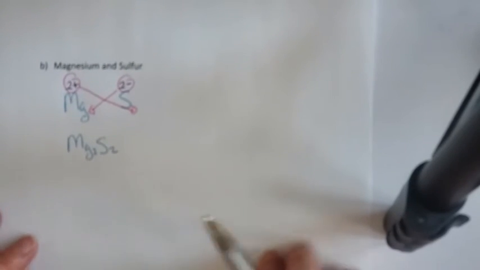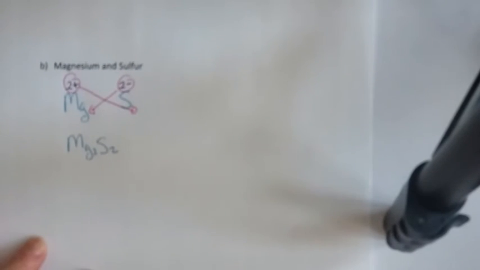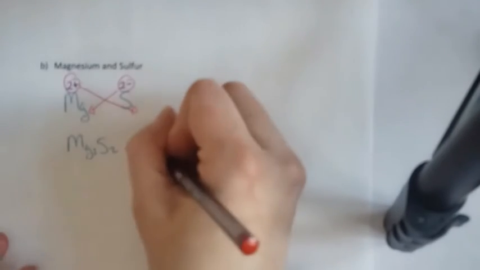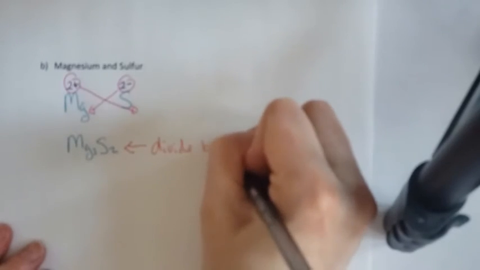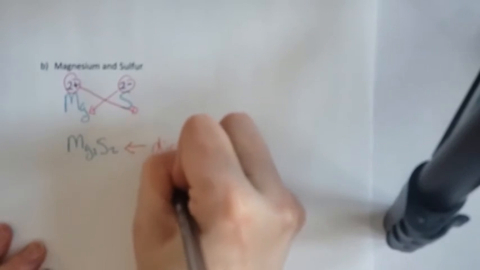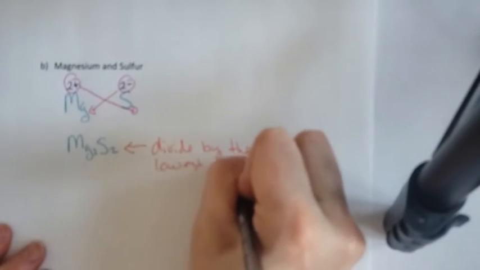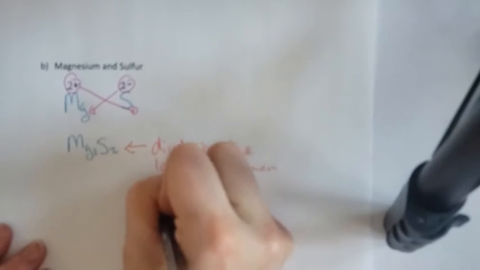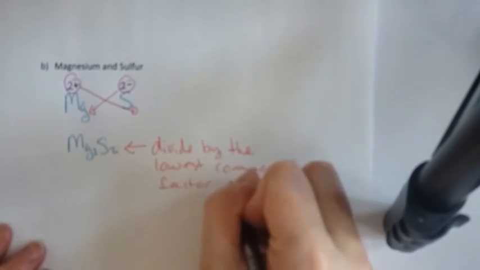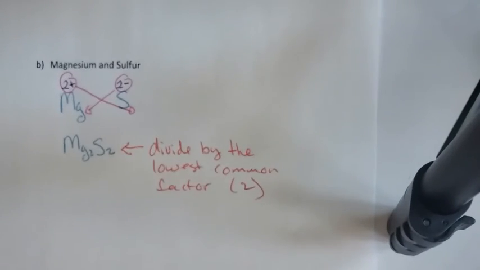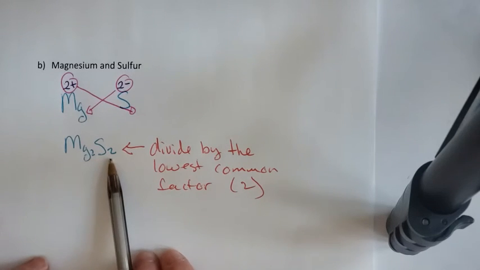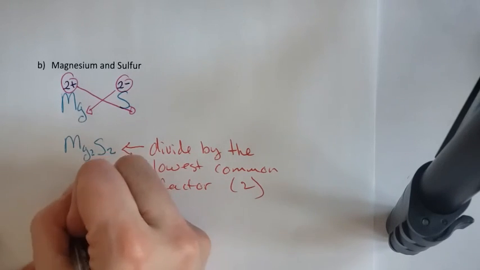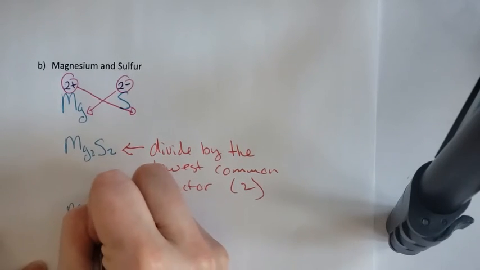But when I have 2 and 2, I can divide by the lowest common factor, which in this case happens to be a 2. And when I do so, well, 2 divided by 2 is 1, 2 divided by 2 is also 1. I end up with just MgS.